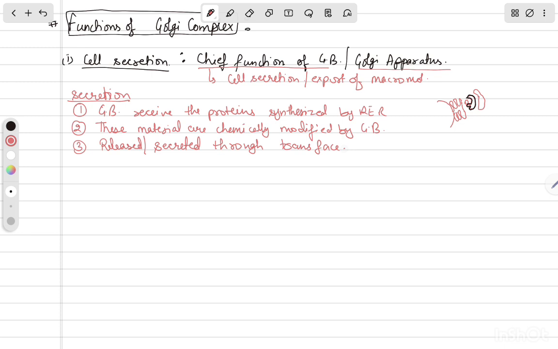Now see, these are the three steps. Suppose this is the trans phase, so these vesicles are released or secreted from trans phase. So that is the main function of Golgi apparatus.